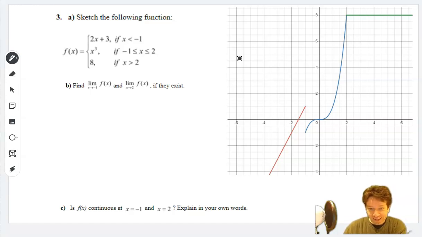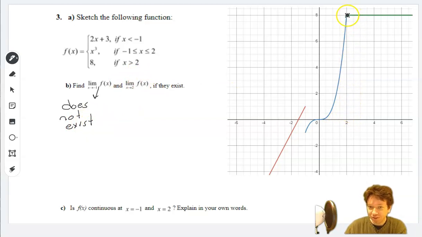So this one says, the limit as x approaches negative 1 of f of x. Okay, well negative 1 is here. Now, looking at that, as we approach it from the left, we get a different value from what we approach from the right. So this limit here does not exist. What about this one, as we approach 2?